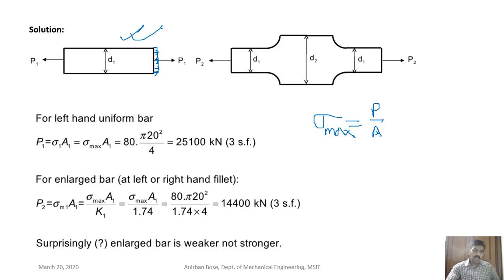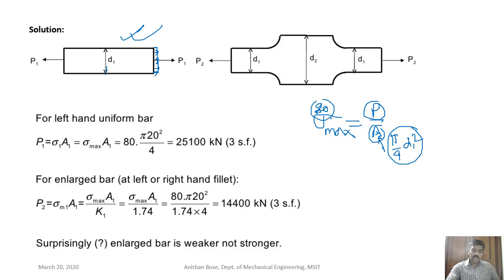Now we are solving this one. For this one you just put sigma max as 80 megapascal, as given, and you find out what will be this P, because you know the cross sectional area A. It is a circular cross section, so it will be pi by 4 into D1 square, the area of a circle of diameter D1.